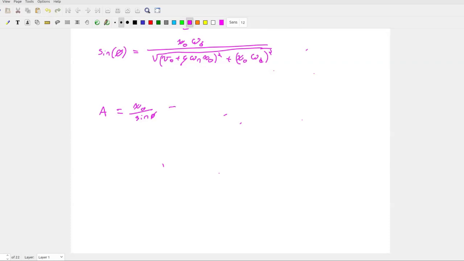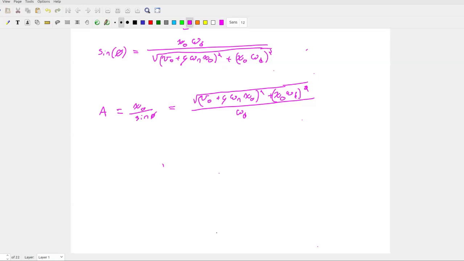And now I can get you A equals the square root of v naught plus zeta omega n x naught, that whole term squared, plus x naught omega d, that whole term squared. This whole thing over omega d. That's a perfectly good expression.